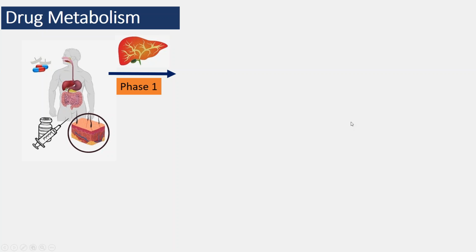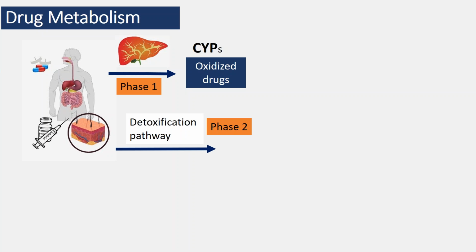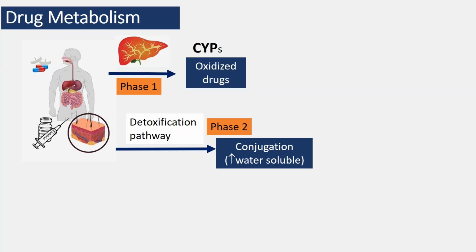One is phase one. Phase one metabolic reaction primarily takes place in the liver. The liver is a major site of cytochrome enzyme metabolic reactions. So the cytochromes oxidize most of the drugs, and then phase two metabolism is generally referred to as the detoxification pathway, because it involves conjugation reactions.